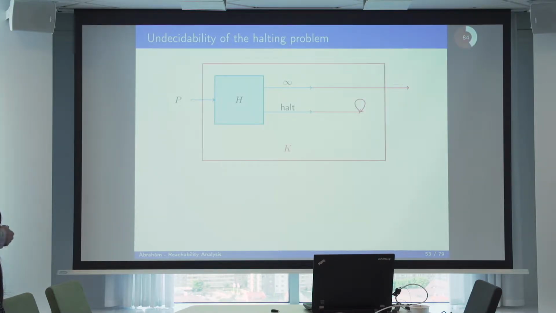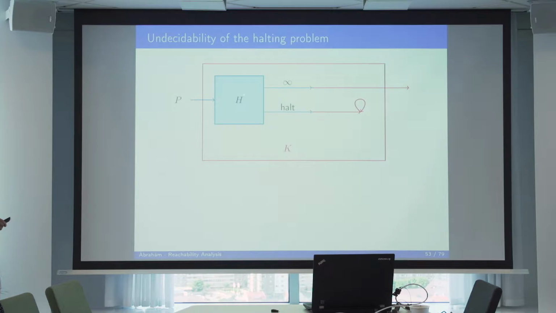So what happens now is I make a transformation of this program. And this transformation will behave with respect to termination exactly the opposite of the input, P. That is what I called yesterday the negation of the program. So that means if this oracle says that P will not terminate, then this modified program will terminate.